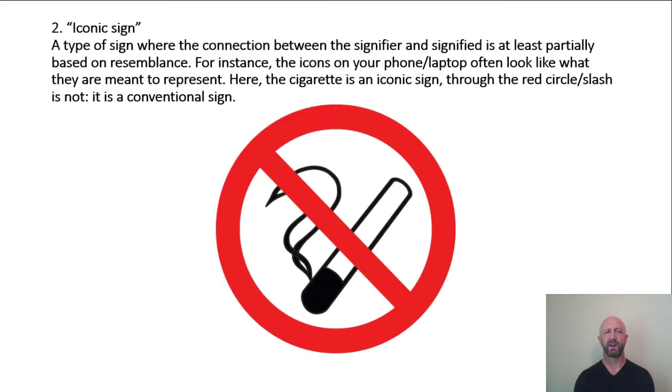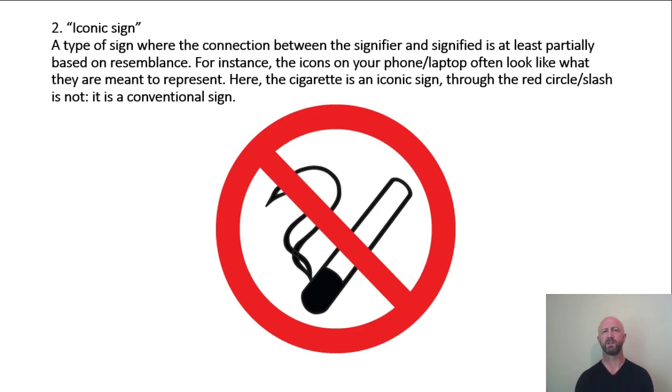The second type of sign that I want to talk to you about is what is known as an iconic sign. Now, an iconic sign is a type of sign where the connection between the signifier and its signified is at least partially based upon resemblance or visible likeness.